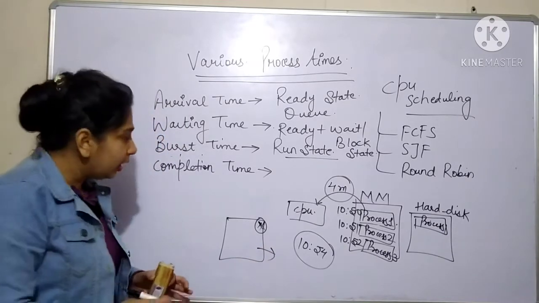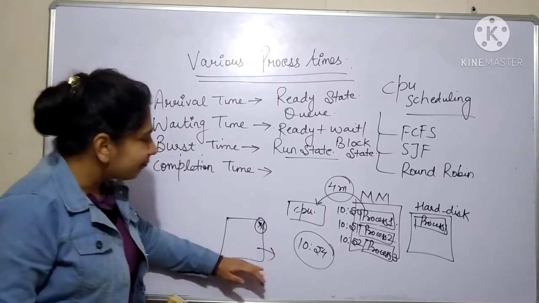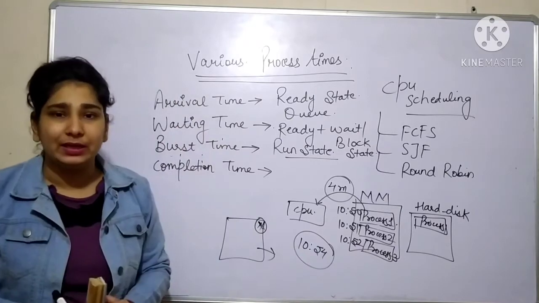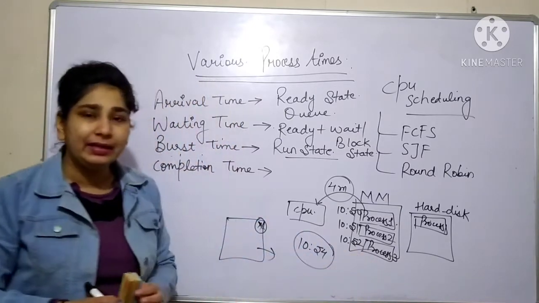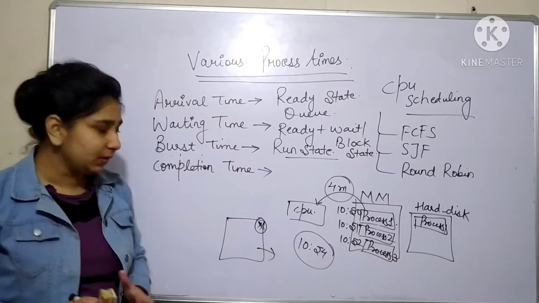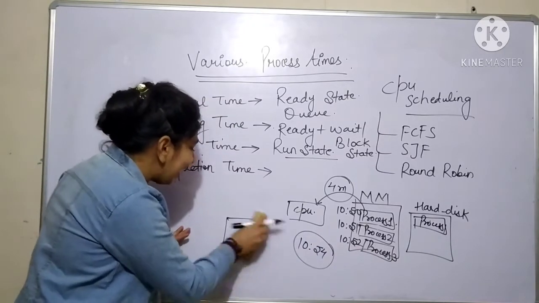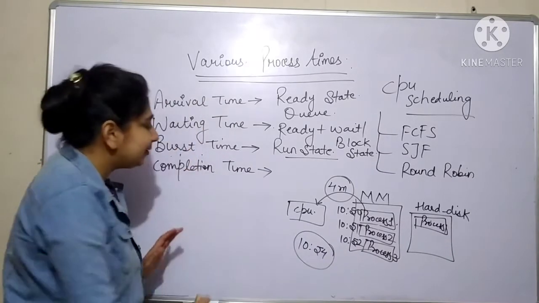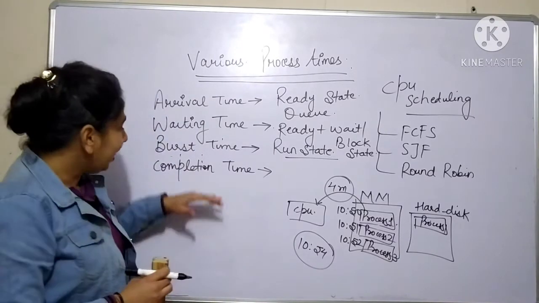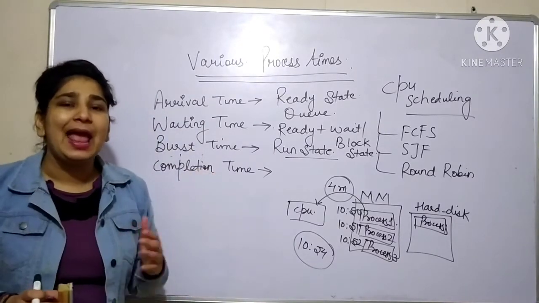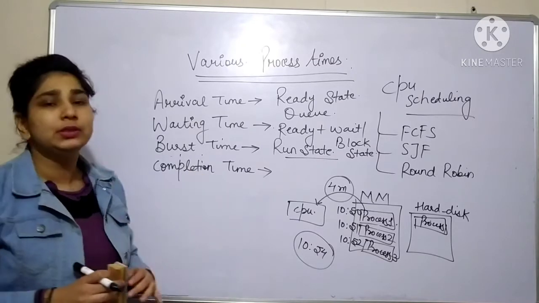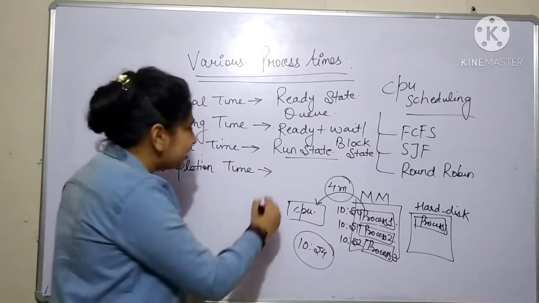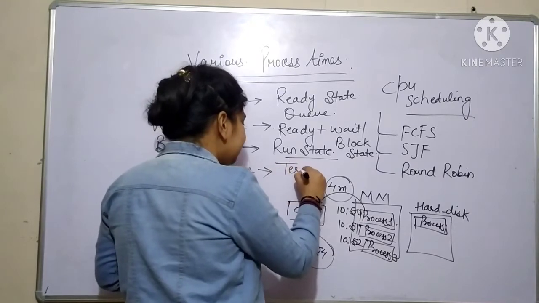What you are doing? You are releasing your file from the main memory. You are releasing some space in the main memory. So this is actually our completion time. When you have completely executed your process, now you want to terminate. It is actually your terminated state.